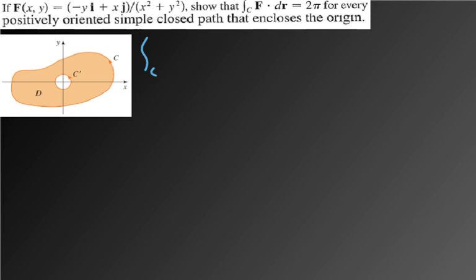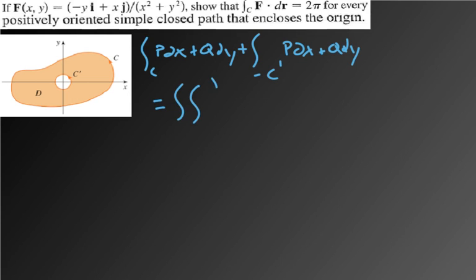The line integral around arbitrary C of P dx plus Q dy, if we add to that the line integral around minus C prime, the circle, of P dx plus Q dy, then that should equal, by Green's, the double integral of partial of Q with respect to x minus partial of P with respect to y dA over D, the whole thing.